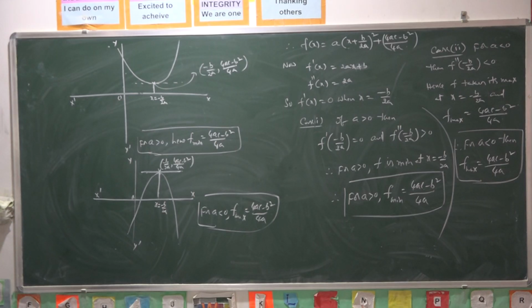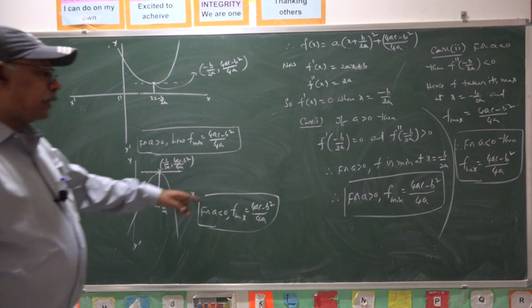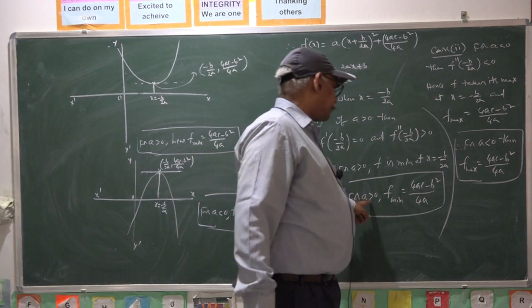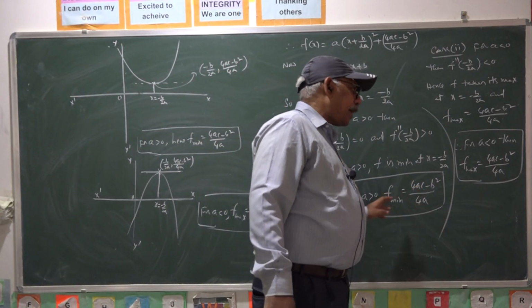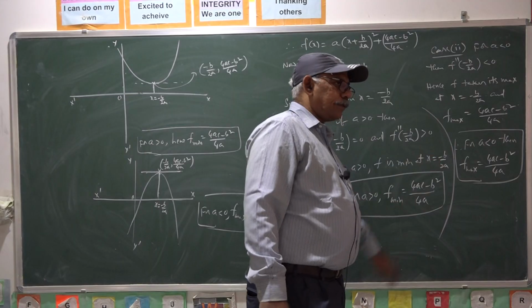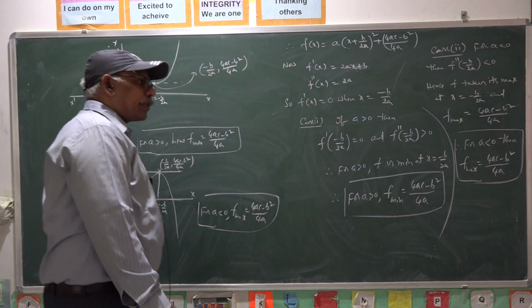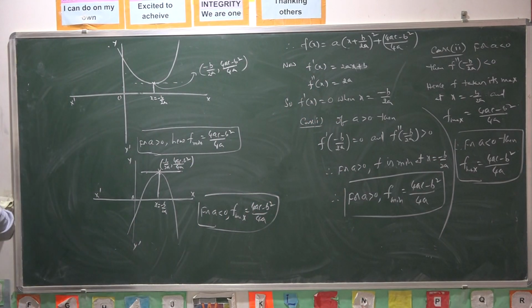Either it takes maximum or minimum. Minus delta by 4a, where delta is the discriminant, takes its minimum whenever the x square coefficient is positive, and its maximum whenever a is negative. That is the concept related to the quadratic forms.